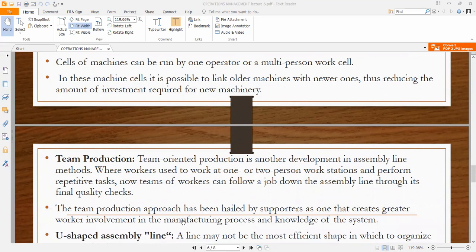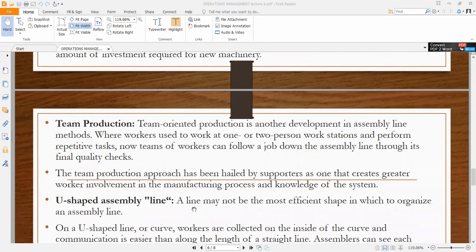The team approach has been held by supporters as one that creates greater work involvement in the manufacturing process and knowledge of the system. So you can think of an activity where people are doing the same thing over and over. One example I can give is beads production. They are producing beads, and beads are falling into one bucket.